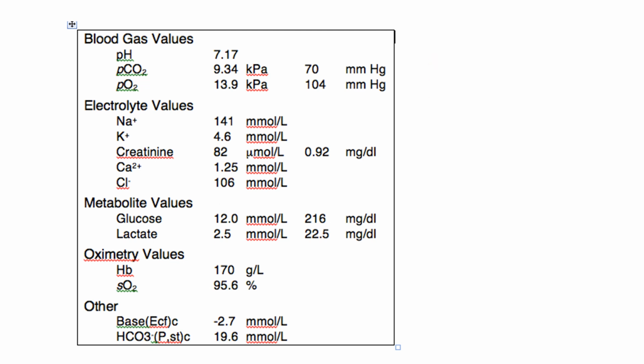If you have a metabolic component, then you'll calculate the anion gap. 141 minus 106, that's 35, minus 20, that's 15, and a guy this age would usually have an anion gap around, we usually say it goes from 8 to 12, where 12 is for elderly patient and 8 is for children. So maybe a 10. So there might be 5 anions missing, right?